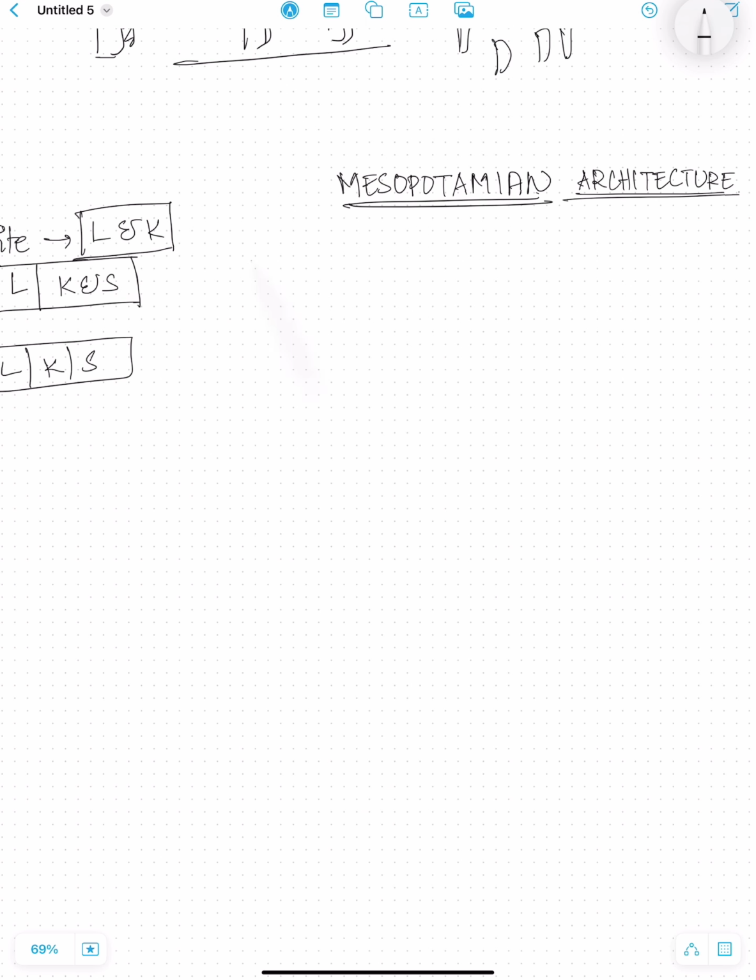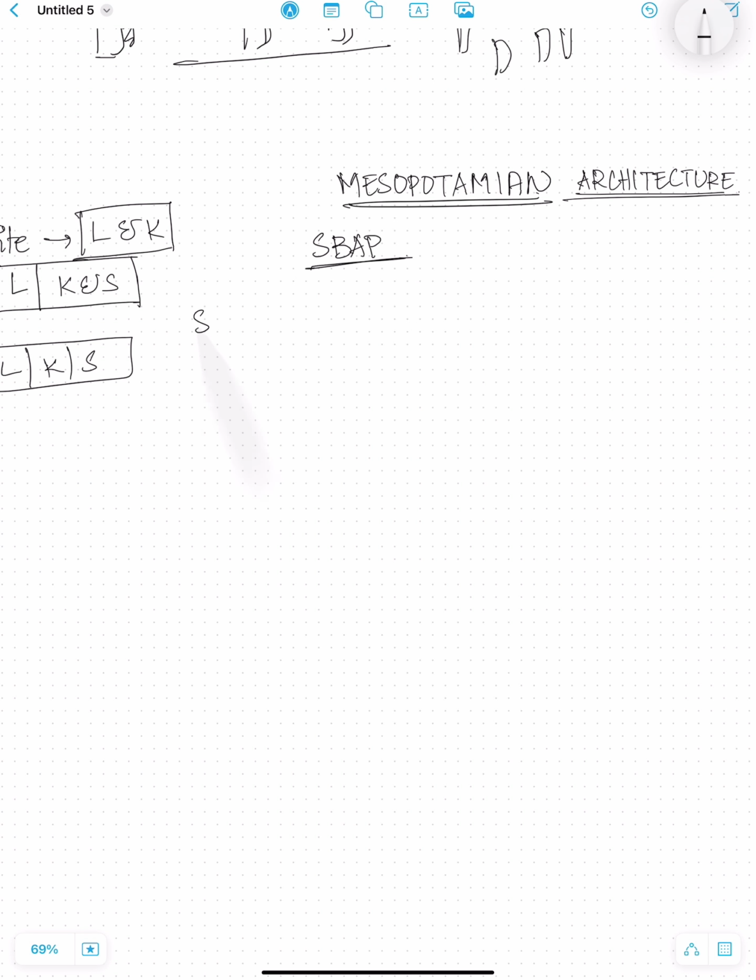In Mesopotamian architecture, there were 4 civilizations under it, and a key to remember them in the correct order that I have used for myself is SBAP. You can use your own ways to remember stuff.